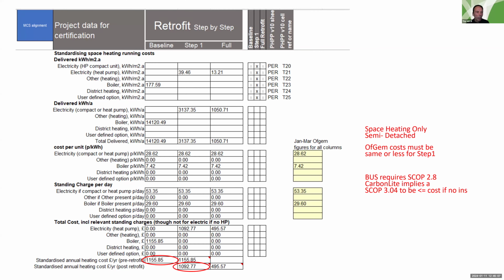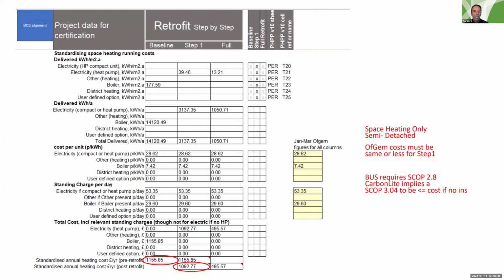That's right. We're using Ofgem data, and here you can see, for example, that we need three different models, so we've got three different columns. We've got baseline, step 1, and the full retrofit, and it works out the delivered kilowatt hours. It's got the cost per unit, and you end up with a full cost for the baseline and the full cost for step 1.